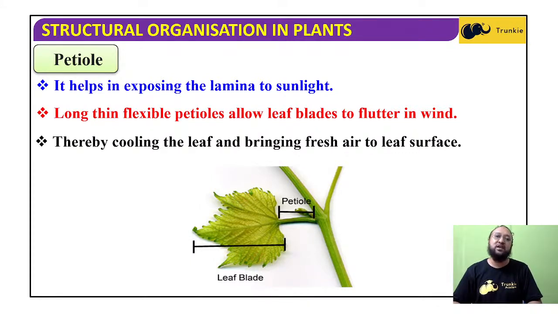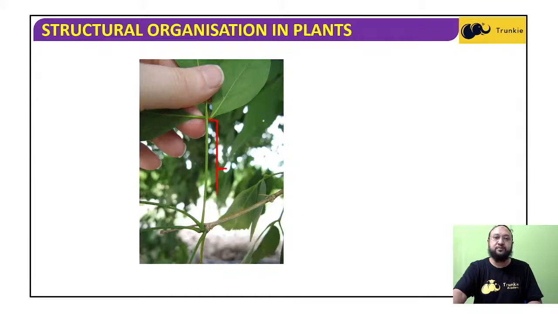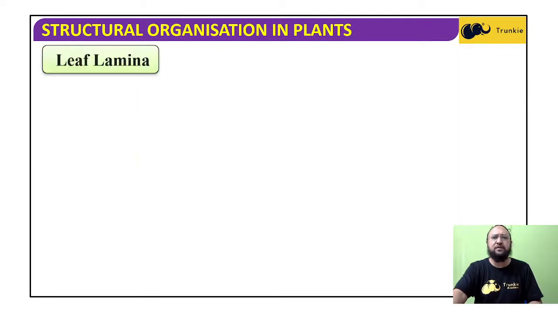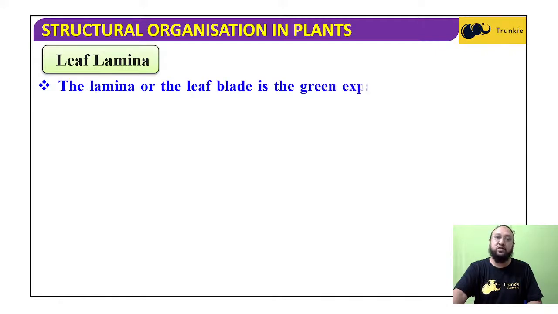So this is the function of the petiole. It allows certain movement, and also exposes the lamina of the leaf to sunlight for photosynthesis. This is the petiole in the picture. Which part of the plant helps in exposing the lamina to sunlight? The petiole, already discussed.